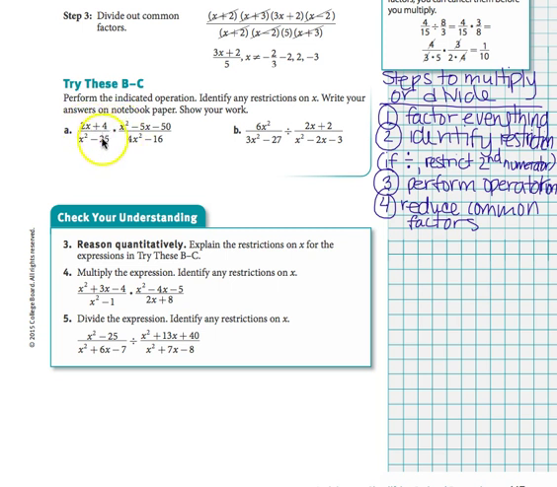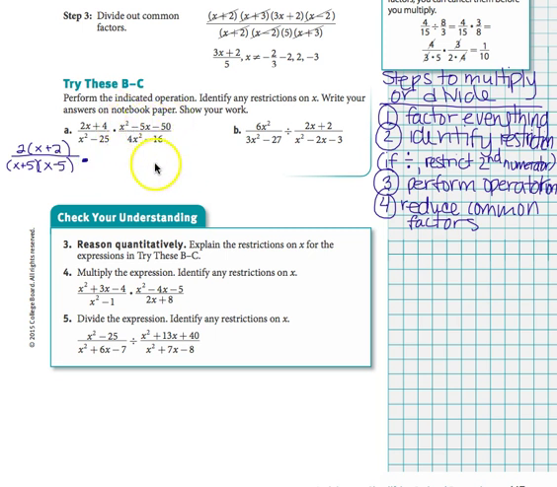So in A here, first thing I need to do is factor everything. My first numerator has a GCF of 2, so 2 times x plus 2. My first denominator, x squared minus 25, is a difference of squares, so I'll make that x plus 5 times x minus 5.